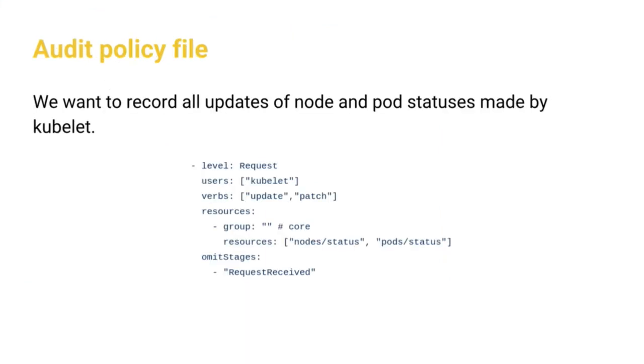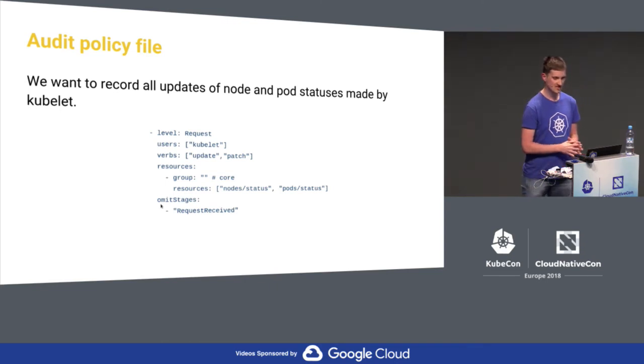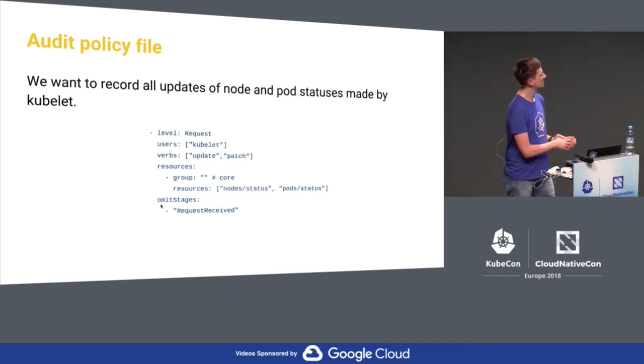Next, we are specifying users, verbs, and resources. If you omit users, it means that this rule is going to be applied to all of them. And in the last line, we are specifying which stages we should skip.